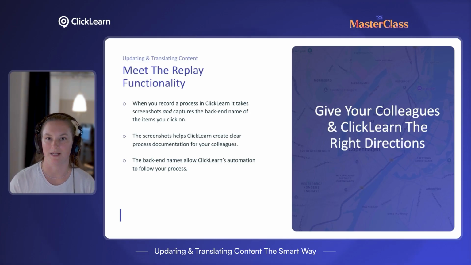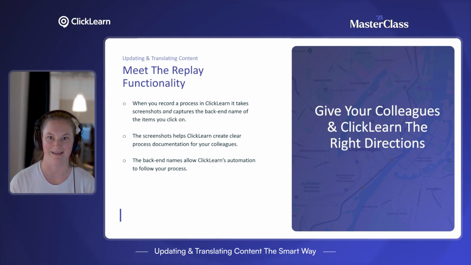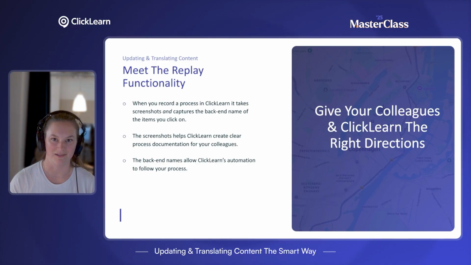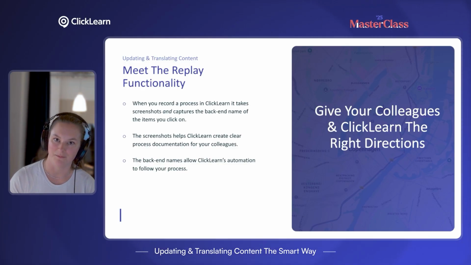You probably know that it is capturing screenshots when you record. What you might not know is that it is also capturing the technical name, or the backend name, the object ID, of the field that you click on. That's why, if you've ever had a session with me or any of my colleagues, we say a lot to wait for the green rectangle and make sure that you don't skip steps in your recording.